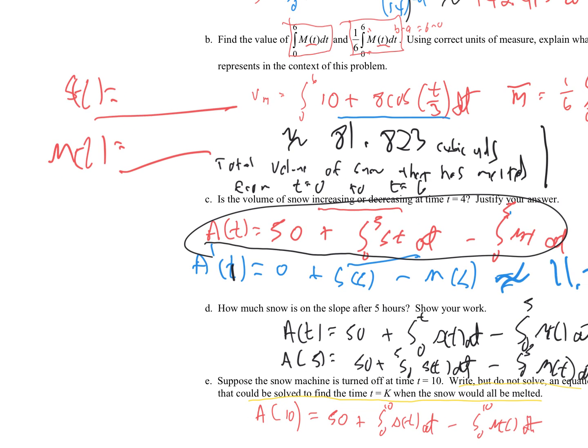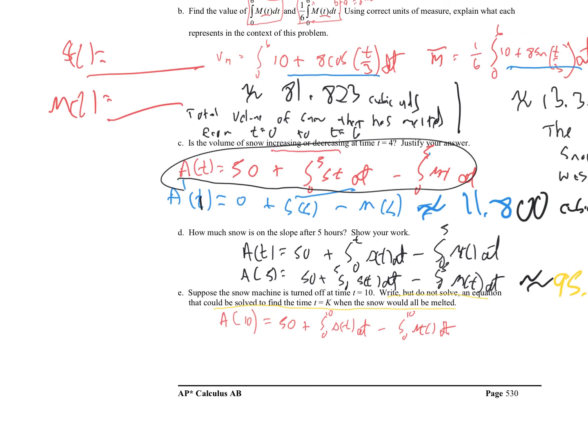That way you could always refer to those instead of actually writing them on your test paper. Bottom line, I have the S and the M equations in the calculator, Y1 and Y2, and I'm just referring to them when I need them, so I don't have to keep typing in my calculator either.